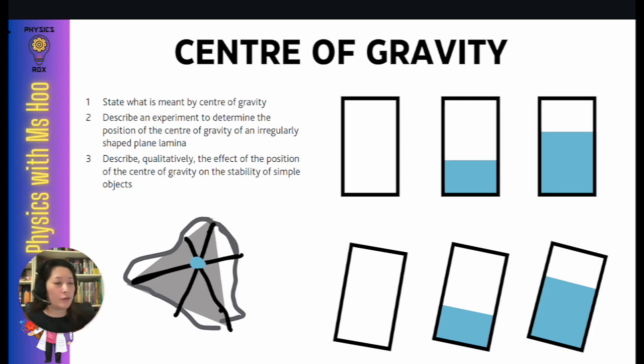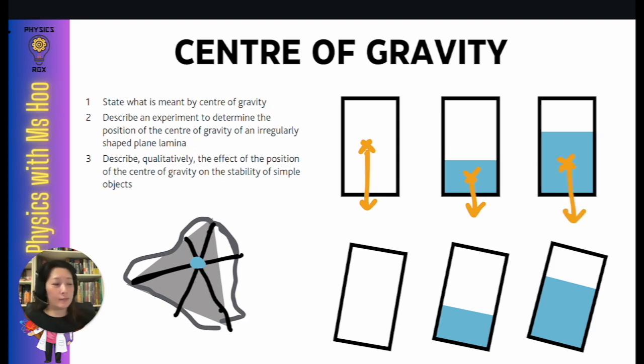So if you have an object where the mass is uniformly distributed, the center of mass is in the middle. Whereas if you have a situation like this, where the mass is more focused on the bottom, your center of mass is usually in the region where most of the mass is at. If there's a little bit more water in the bottle, in this case, center of mass could be higher.